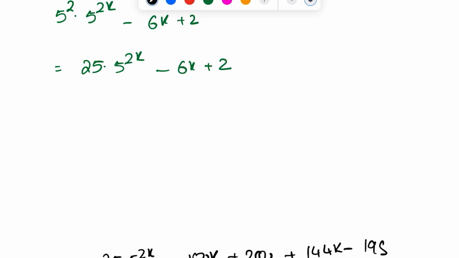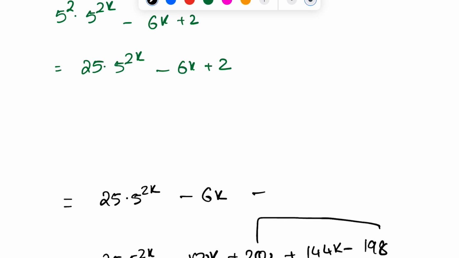Now from there, what should I be able to get? 25 times 5 power 2k, this becomes negative 6k and this becomes positive 2. So see, these two steps are the same. So we need to be able to get it out in the bottom up approach, and we can prove that both are the same. That's going to be the way.